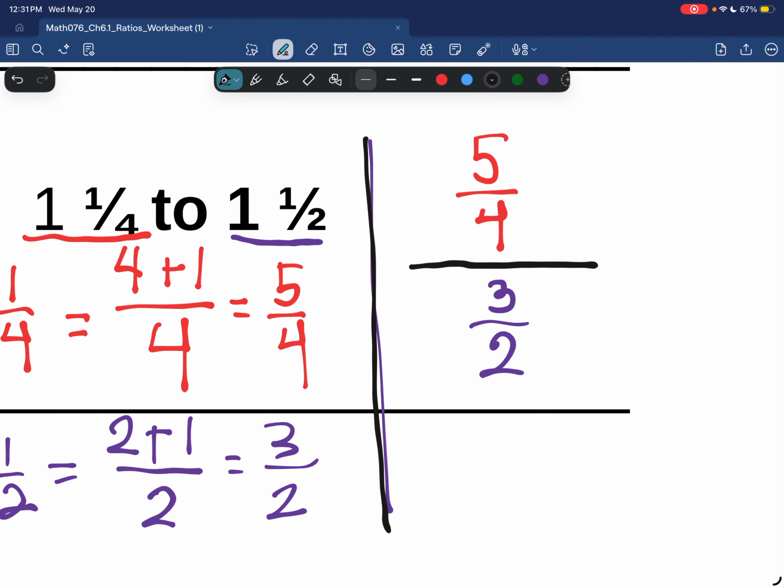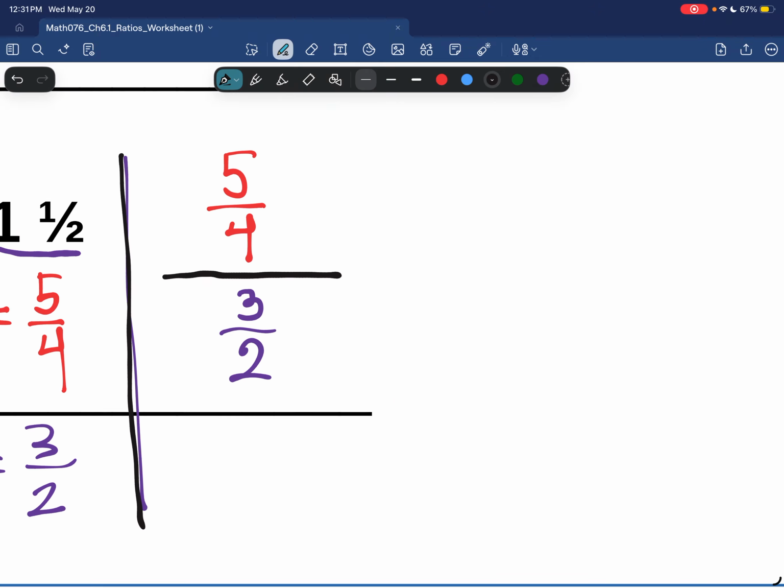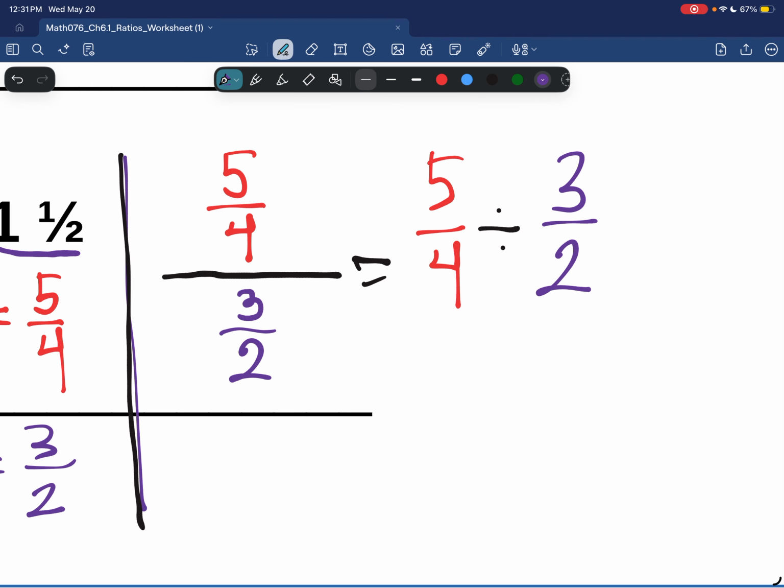Remember, when I think of a fraction, it means division. So I'm going to change this big fraction into division, okay? So I'm going to rewrite this as 5/4 divided by 3 halves. Now this is a problem that we're really good at because we are very good at dividing fractions, okay?